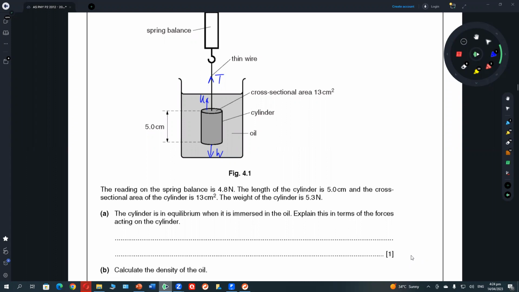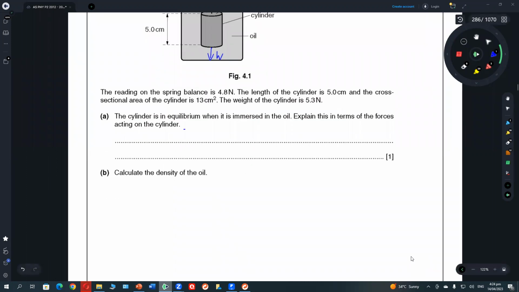So you will say that the tension and upthrust are balancing the weight.